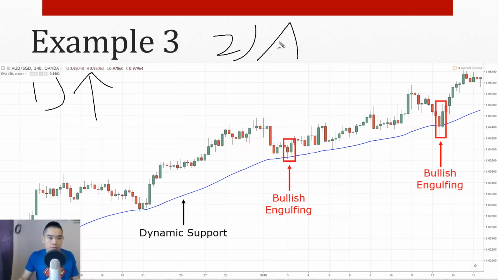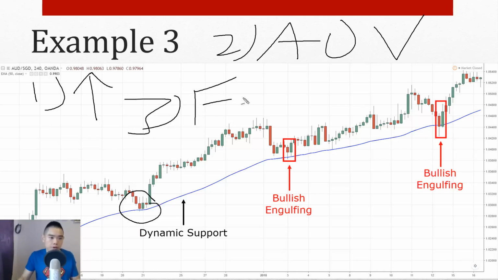Second thing, area of value. Do we have an area of value to trade from? Well, seems like it, because the price has been respecting the 50 MA here, here, here, and here. Number 3, entry trigger. Do we have an entry trigger? Seems like it. We have a bullish engulfing pattern over here, a sign of reversal, rejection of lower prices.